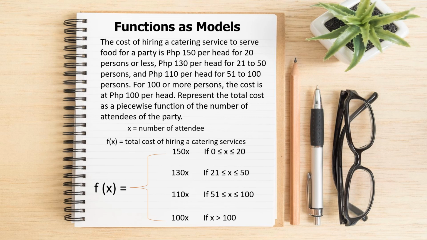For 21 to 50 attendees, that is 130 times x, because the payment per head is only 130 pesos. For 51 to 100, it is 110 times x, and if it is above 100, the payment per head is 100 pesos, so 100 times x.